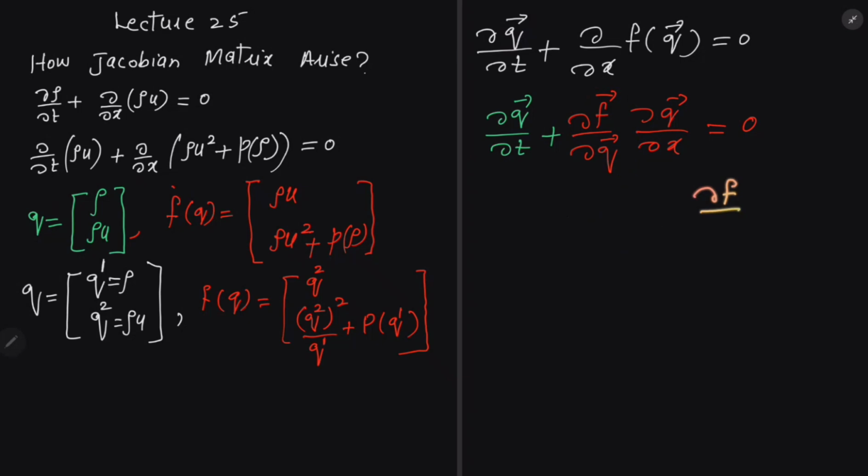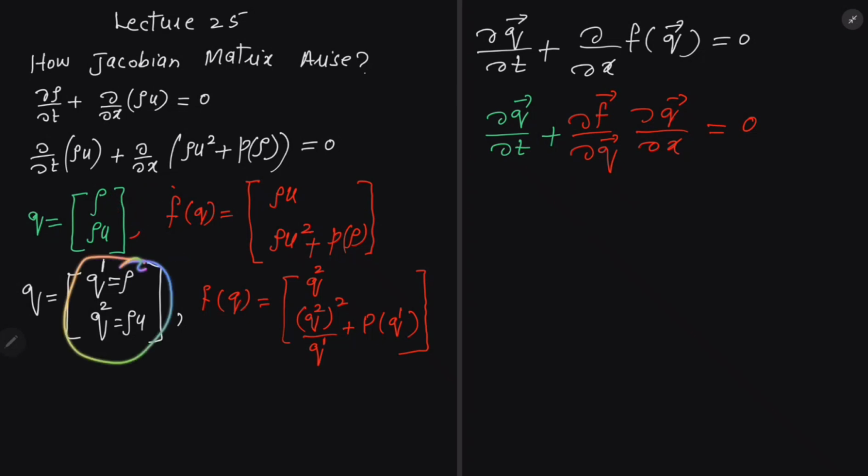In one dimension, this was just a derivative of f with respect to q. But here, since f is a vector and q is also a vector, f has two components, f1 and f2, and similarly we have q1 and q2.